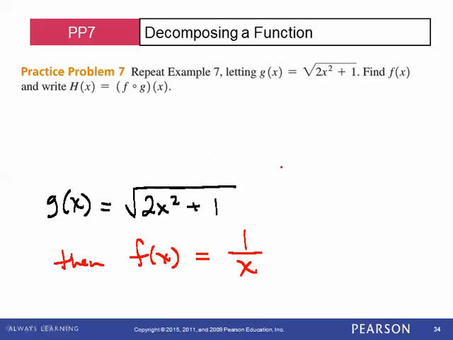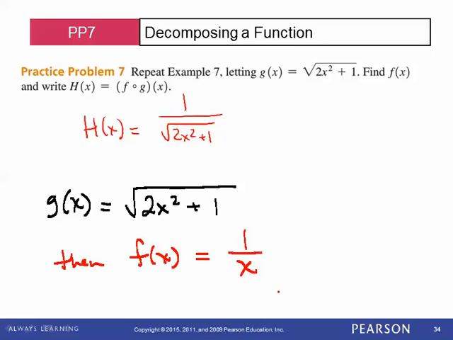There's still h of x. That's right, I should probably write it in here. So again, h of x, the composed function, already was 1 over the square root of 2x squared plus 1. And since the g function really took the whole entire denominator, the whole entire denominator just becomes the variable. So f of x is 1 over x.